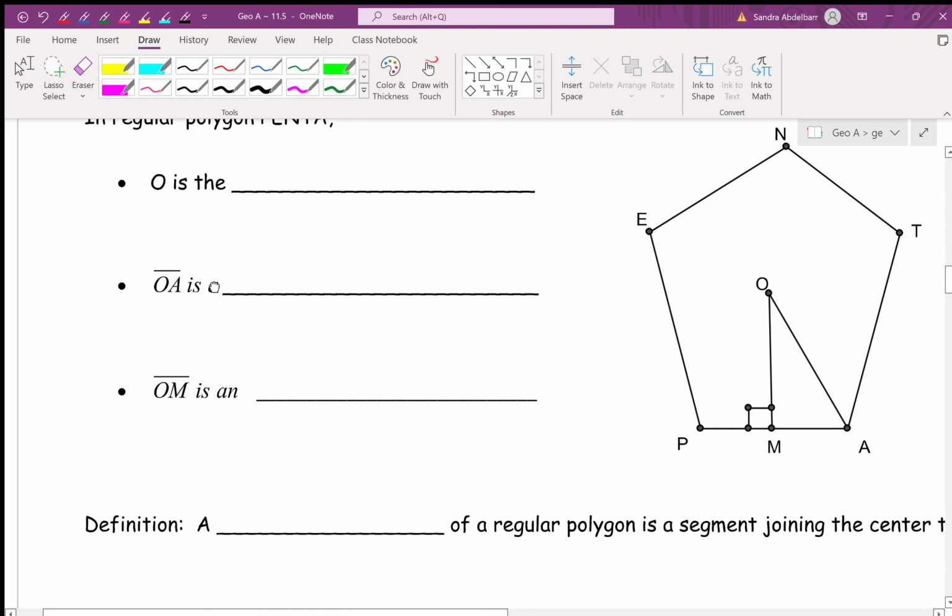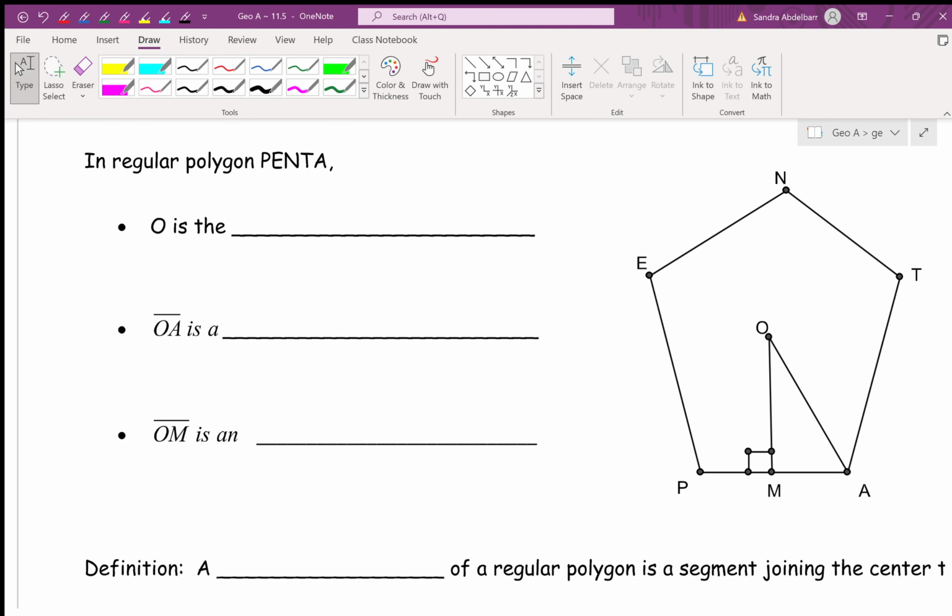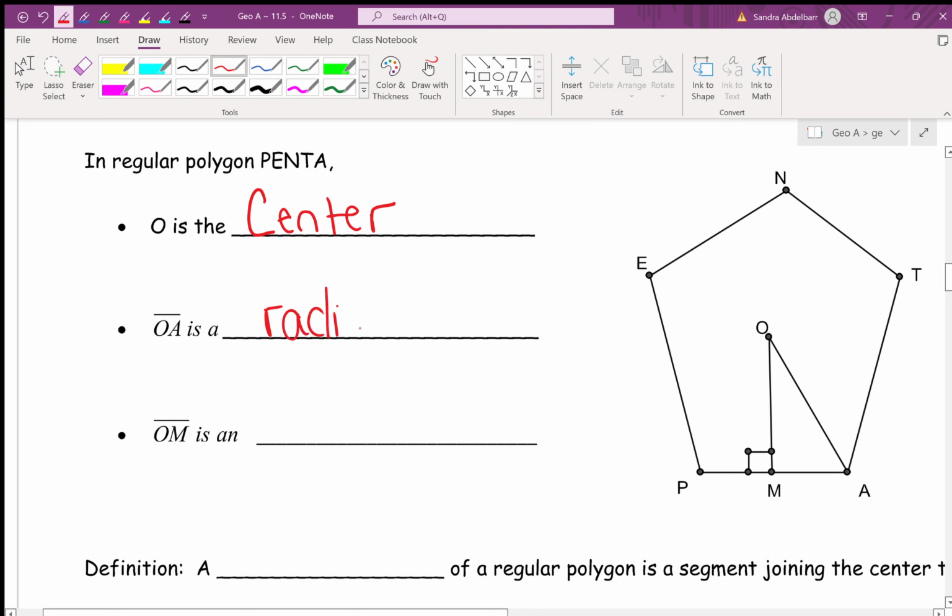So in a regular polygon, P-E-N-T-A, O is considered the center. OA is a radius. And OM is an apothem. So there has been, for as long as I've been teaching, a debate of whether it's apothem or apothem.